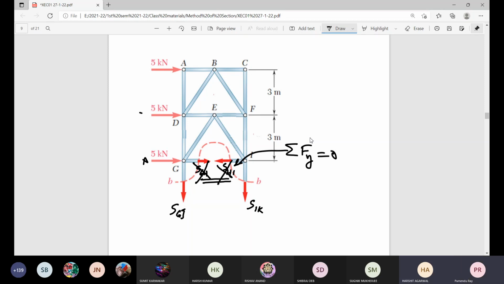These are also eliminated from that equation. But this equation gives minus Sgj minus Sik, that is equal to 0. But from this one equation there are two unknowns.